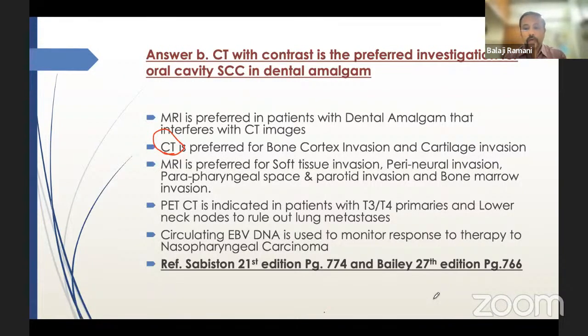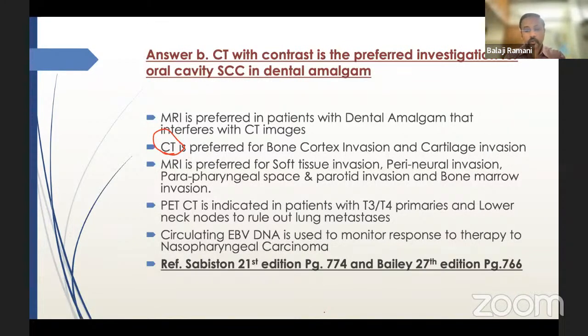That is why in the head and neck area we always go for an elective neck dissection, because we cannot find out by any imaging modality. Elective neck dissection is always done in patients with head and neck cancer just because we cannot assess the nodes. Of the two, probably I will choose CT as the option, but that is a query. I'm not sure whether CT will be the preferred answer in an examination.